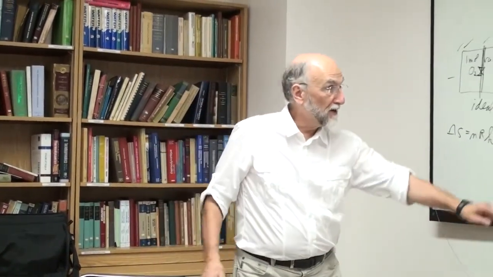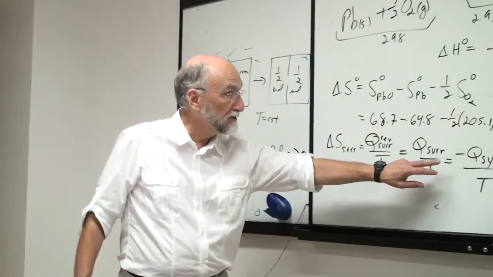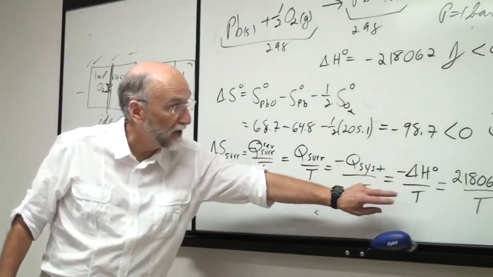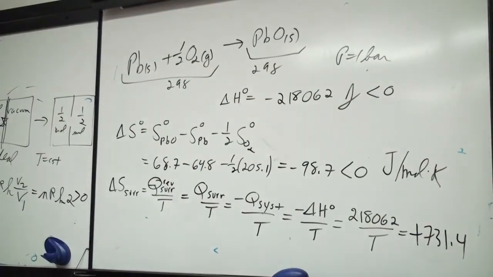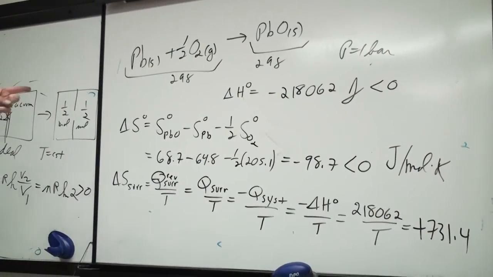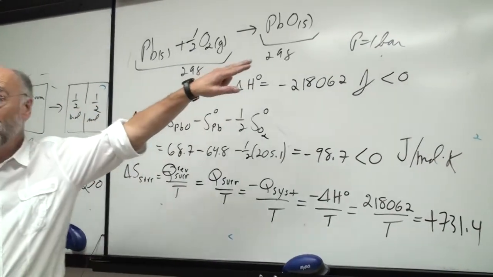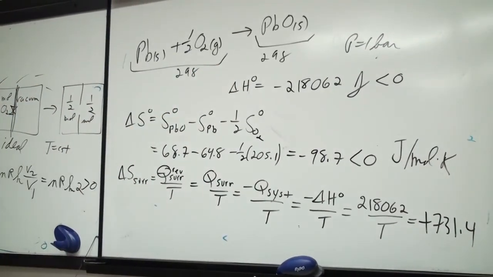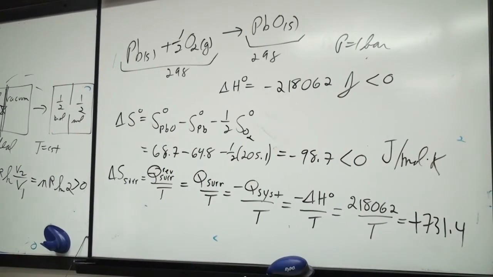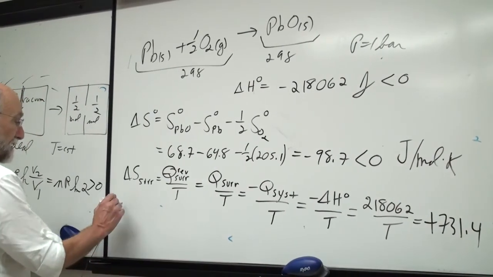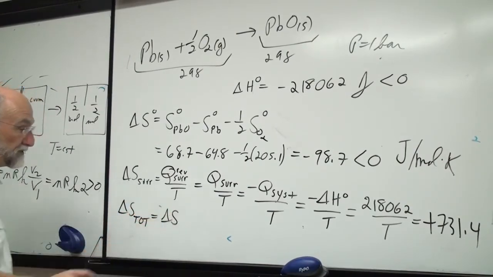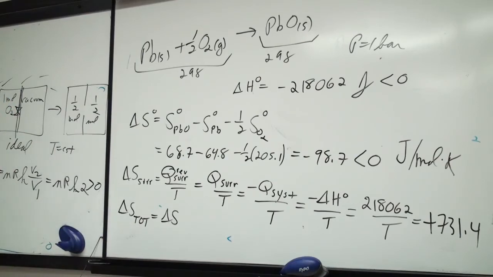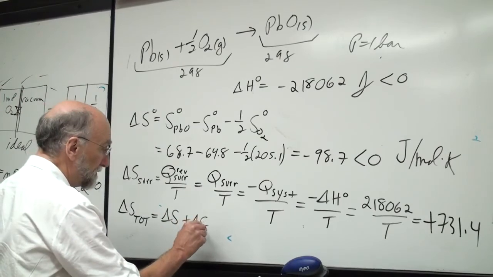Well, you can see right here, we're talking about Q of the surroundings, but Q surroundings equals minus Q of the system, which is minus delta H. Now remember, delta H is the heat under certain conditions, at constant temperature and constant pressure, but that's what we have here. We have a constant temperature and a constant pressure, and these are very common conditions. So delta S total is delta S system. In general, we don't have to put the subscript system. If there's no subscript, we're talking about the system. Plus delta S surroundings.